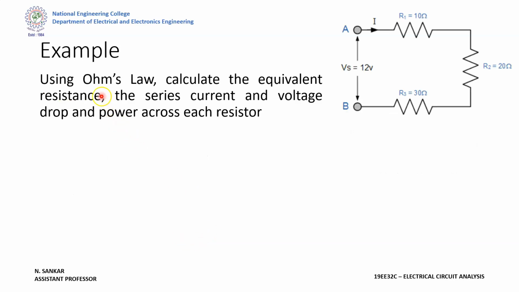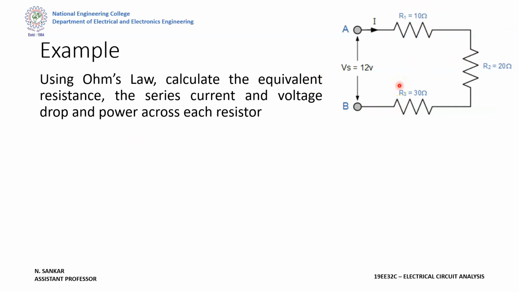So next sum: using Ohm's law, calculate the equivalent resistance, series current, and voltage drop and power across each resistor. So somewhat a bigger sum compared to the last one. Here we need to find R equivalent, that's the one thing, and series current, that is the value of I. Next, the voltage drop across each resistor, that is V1, V2, V3, and the last one, power across each resistor, that is P1, P2 and P3.